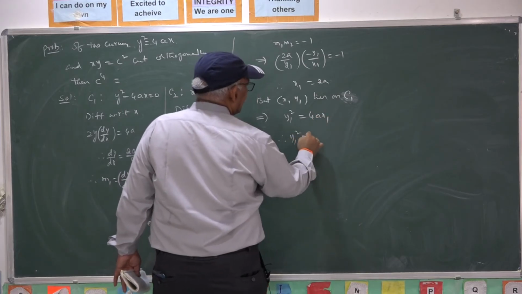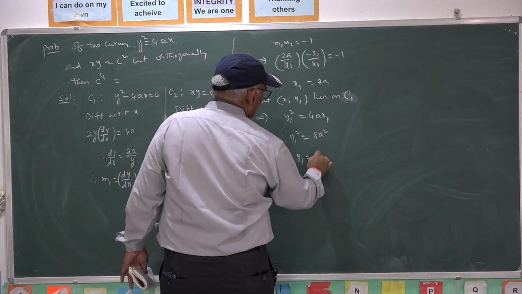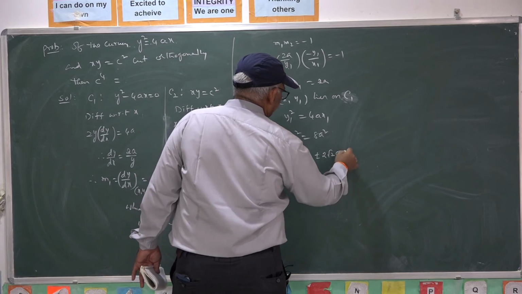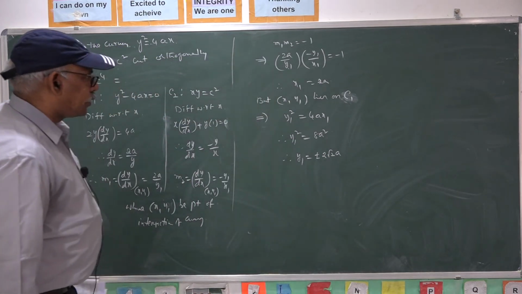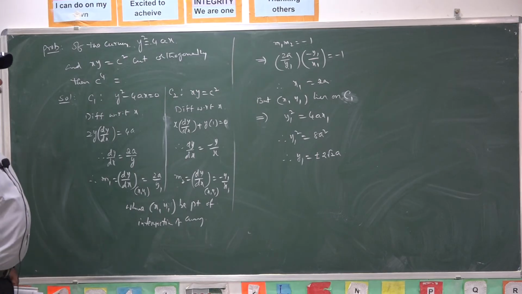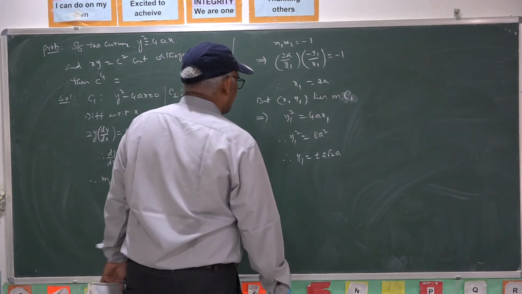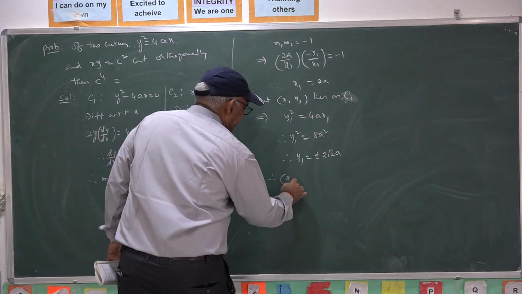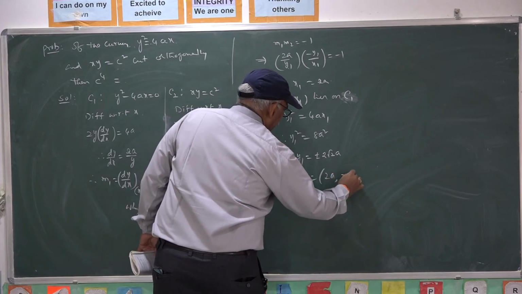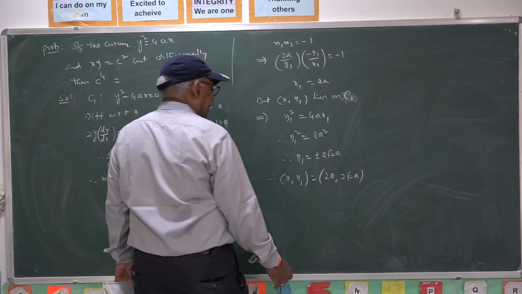So y1 square takes the value 8a square, and y1 takes the value plus or minus 2 root 2a, because x1 equal to 2a here. Hence, the point x1 y1 is (2a, 2 root 2a) or (2a, minus 2 root 2a).